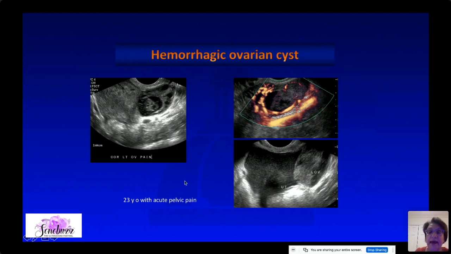And oftentimes by the time they've waited for you to do the ultrasound, they get better on their own. The typical presentation is they were exercising or had intercourse and all of a sudden had acute pelvic pain. So it's important in this particular case to be able to reassure the patient, offer symptomatic treatment if needed, and then the patient can get better on their own.